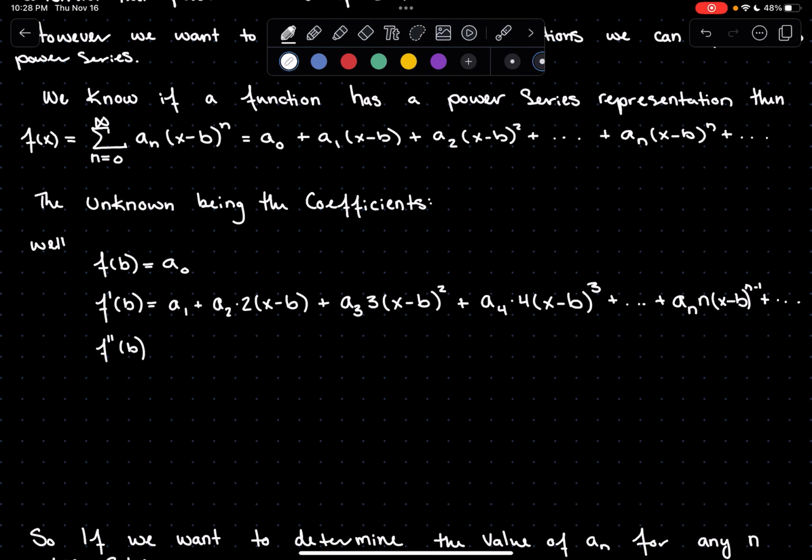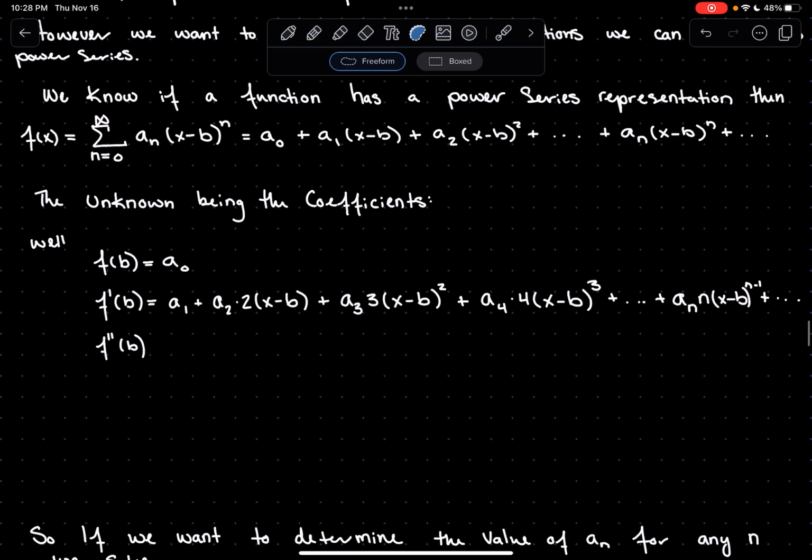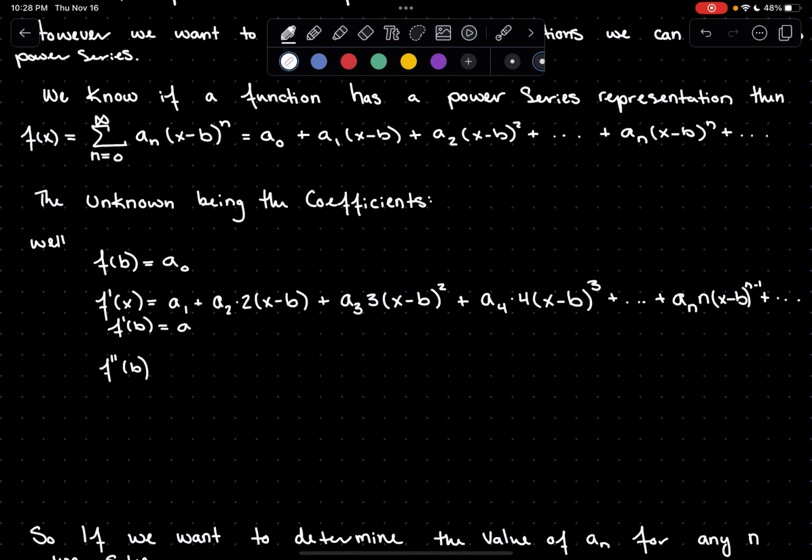And so when I evaluate it at b, this is f prime of x. And so f prime of b is going to be equal to a1, right, because all these terms have an x minus b, so when I evaluate at b, I'm just going to get 0.